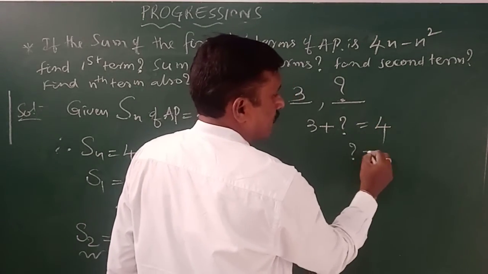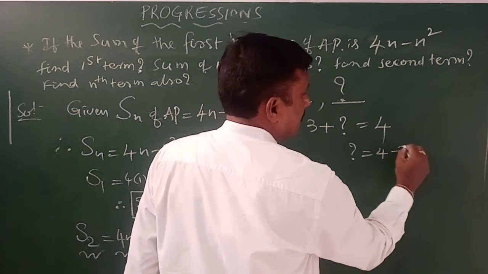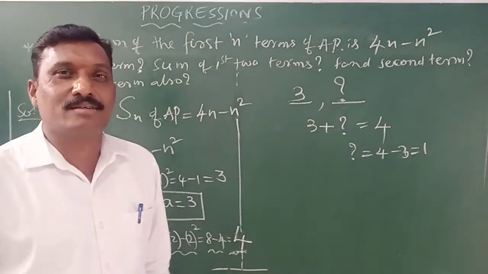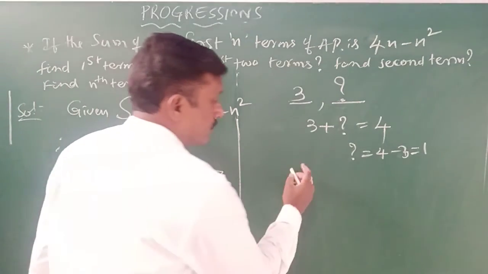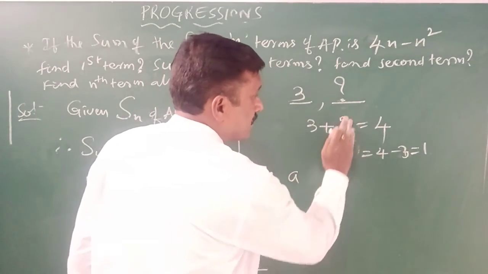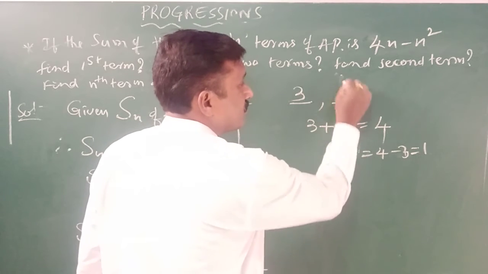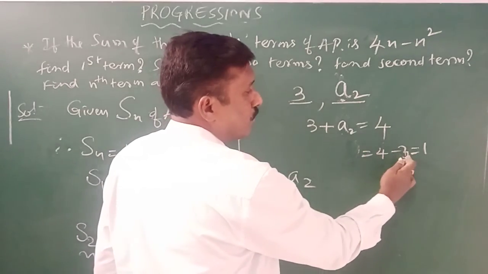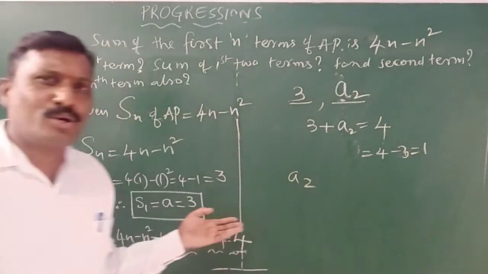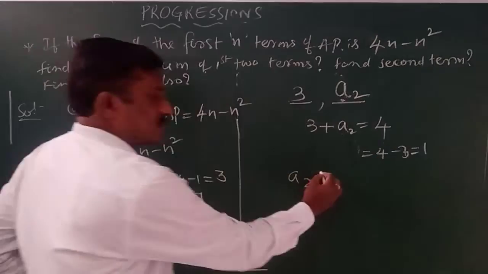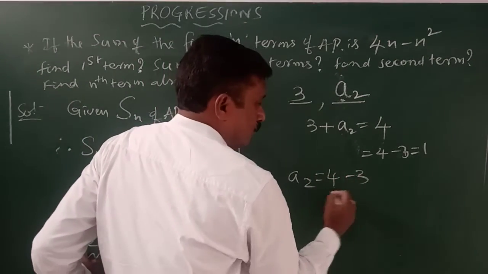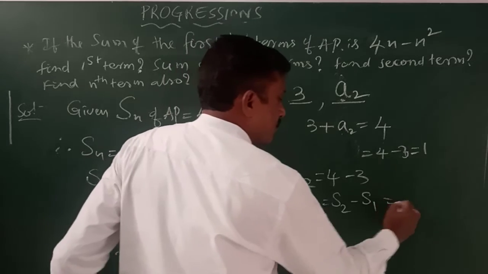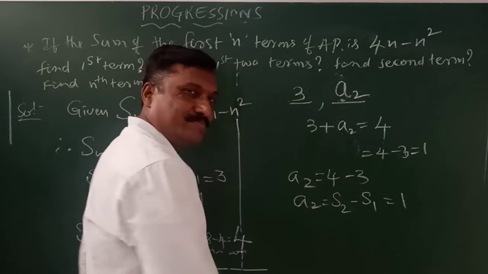This question mark is 4 minus 3, equal to 1. So your second term A2 is 4 minus 3. What is that 4? 4 is the sum of the two terms, and 3 is the sum of the one term. You got the second term.